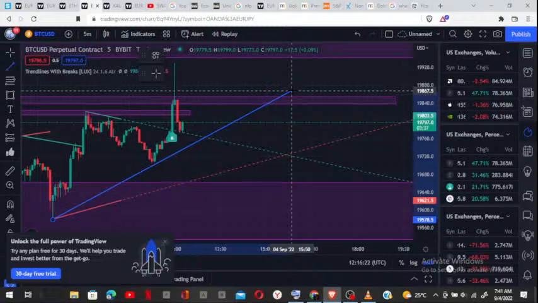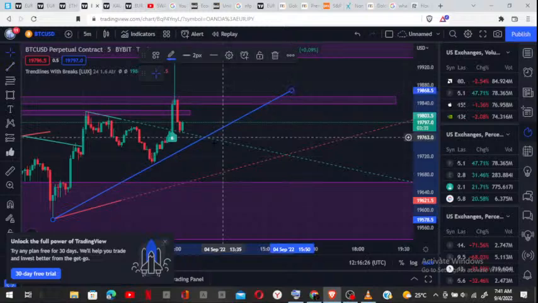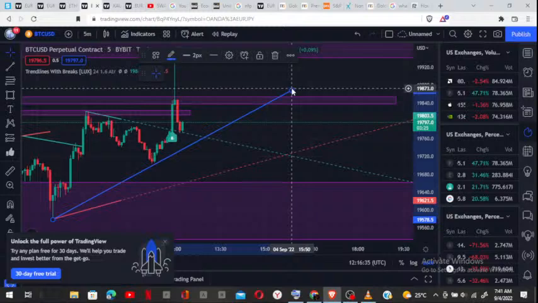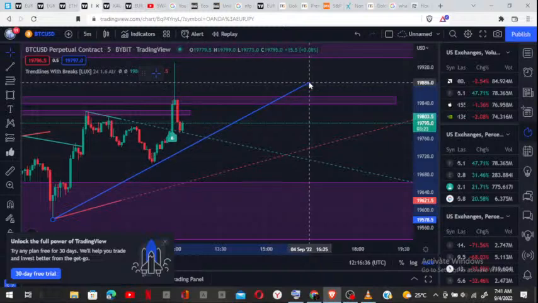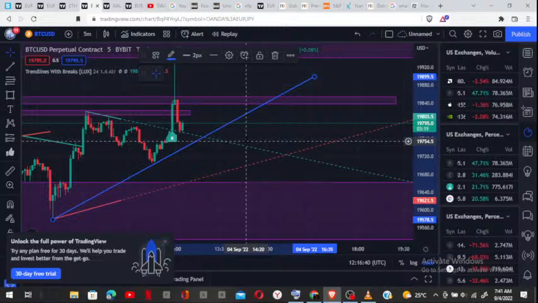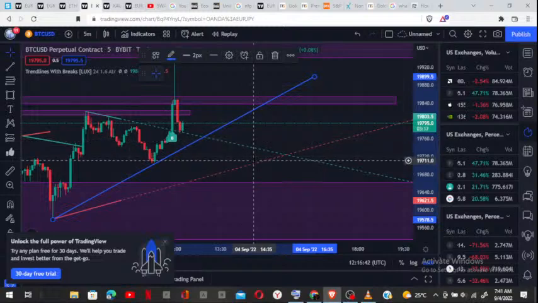Let's see if we can break out of this line over here, the blue one. When I come back, I'm just leaving this line over here. Later on when I look at the chart, I'll be able to know what really happened in the market.